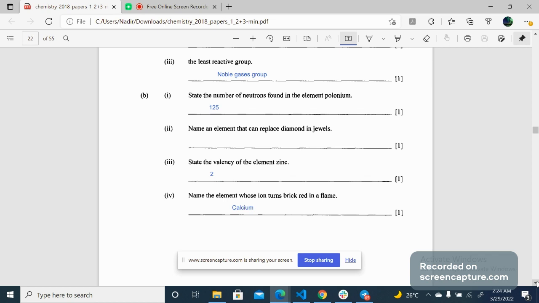Okay, so for the time being, we would like to continue to the third part of this subsection B, which is asking us to write the valency of the zinc element. The valency is basically the number of electrons in the outermost shell of any element.